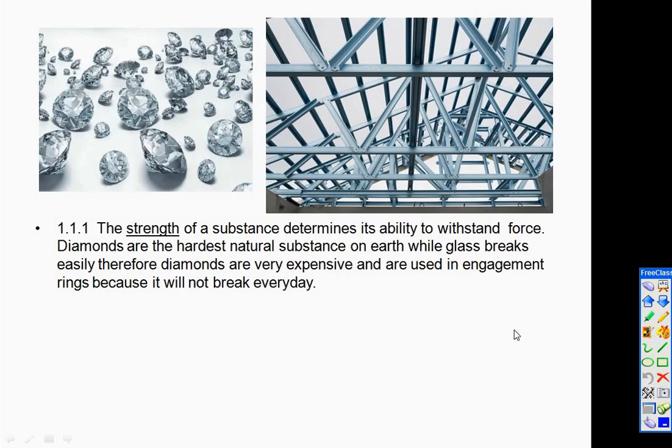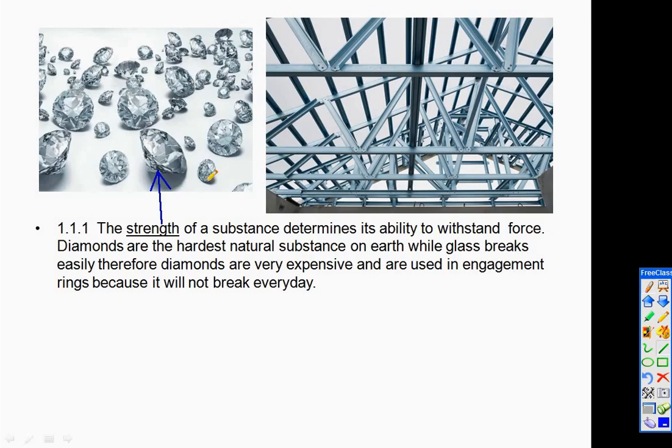The strength of a material is determined by the amount of force that material can withstand. I've got a picture here of diamonds for you. They say if you take a hammer and hit a diamond, the diamond will not break. If it does break, it is not a real diamond.